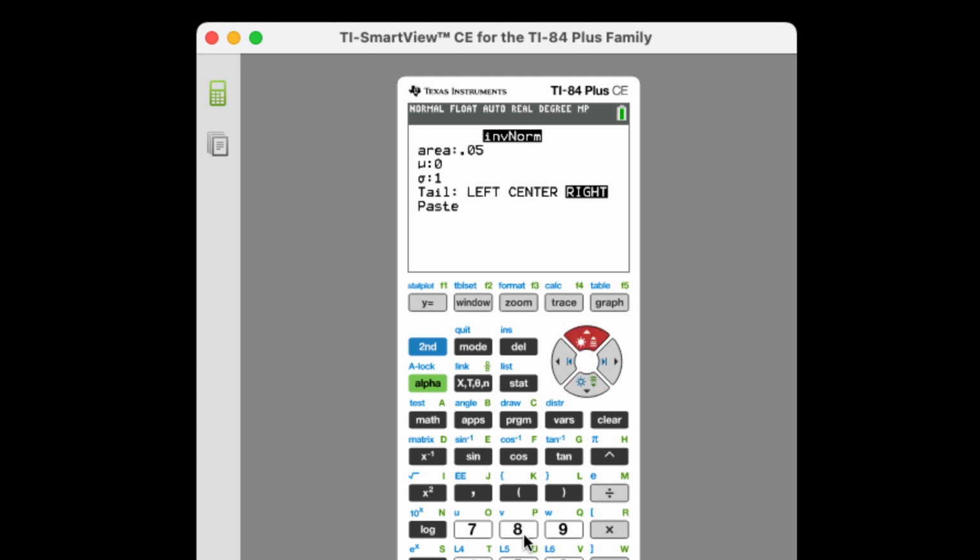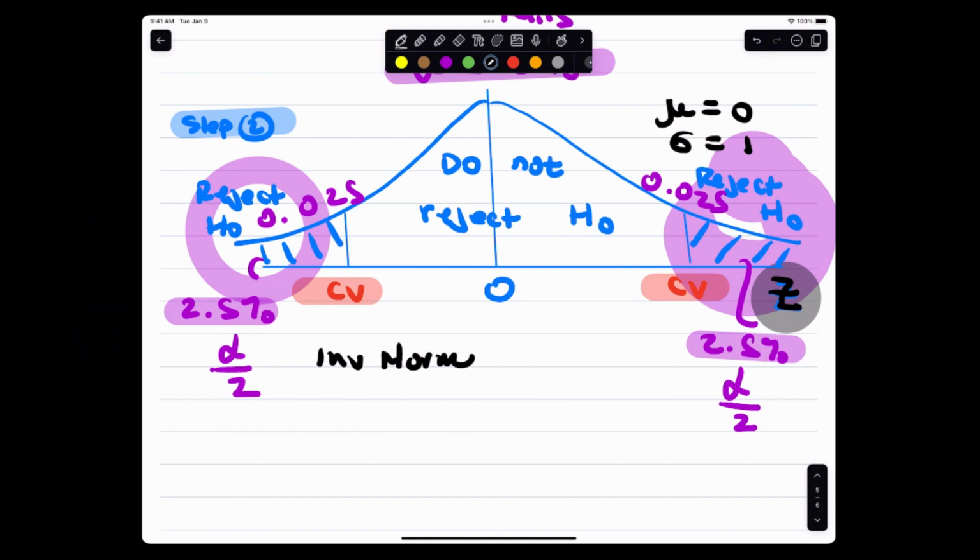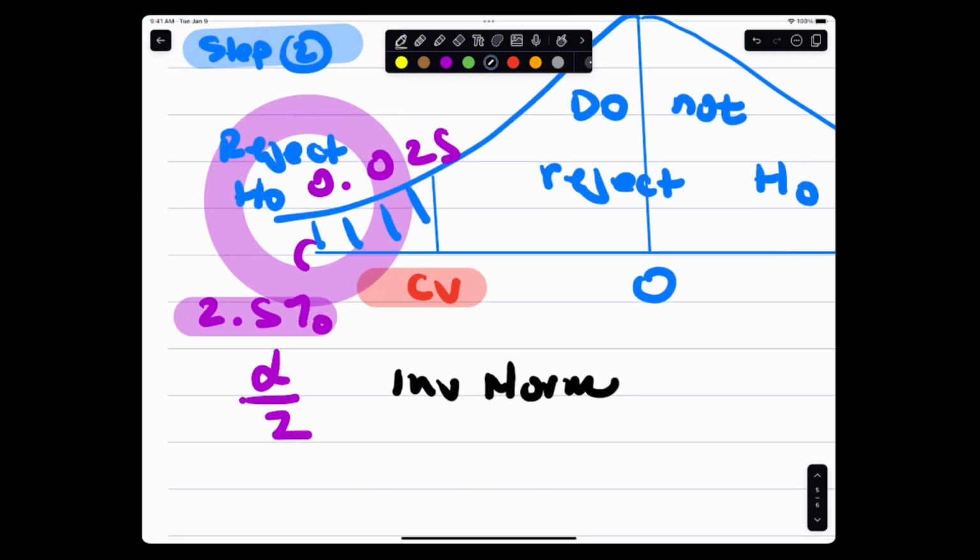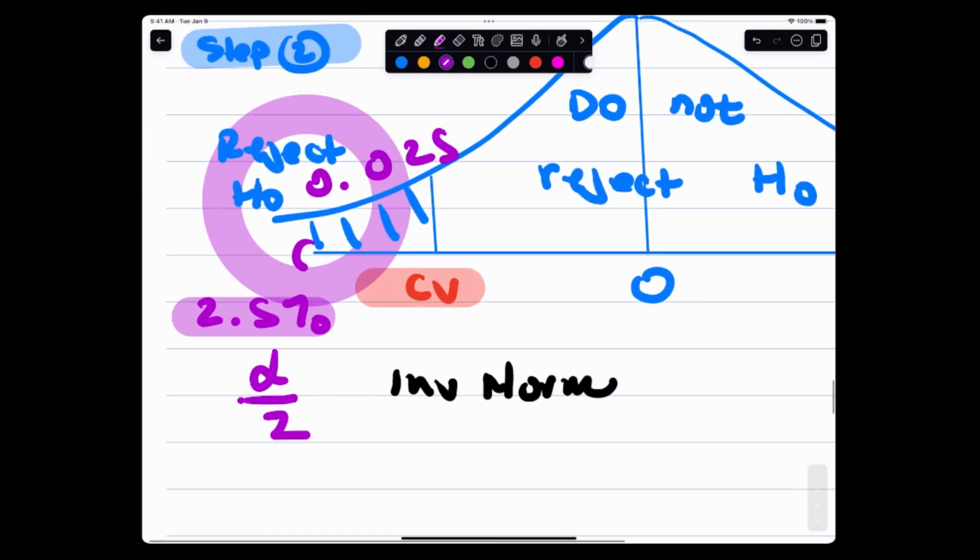I'm going to put 2.5%, 0.025, and I'm going to say left tail. You might say, why? 2.5% left tail. Here's the deal. You need a critical value here, 2.5% area to the left.